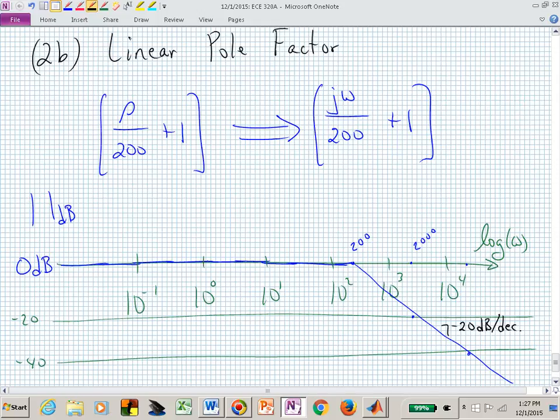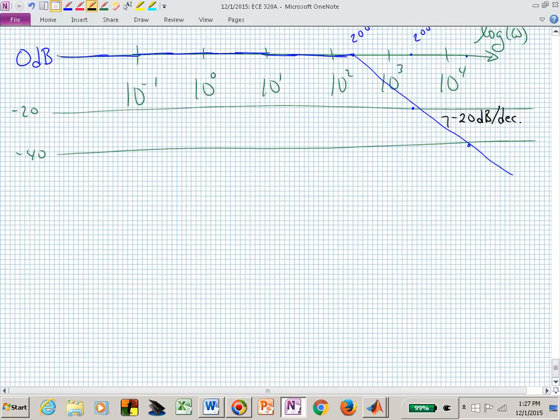Questions on that? What about the phase of this linear factor?